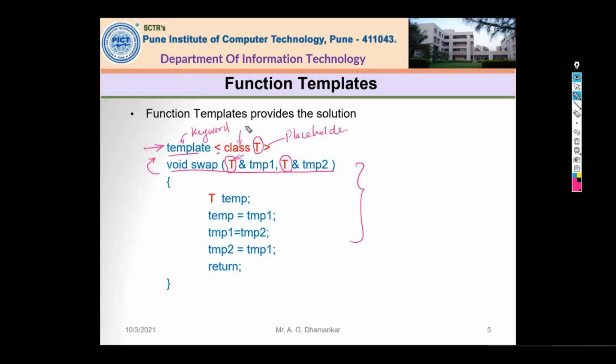This is the keyword again, and this is the data type that needs to be converted at runtime. And if you are having only one data type, then replace that type at runtime. Got it now? So let's move ahead with the next slide.